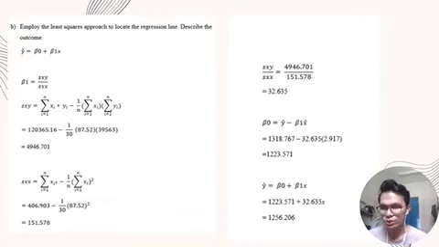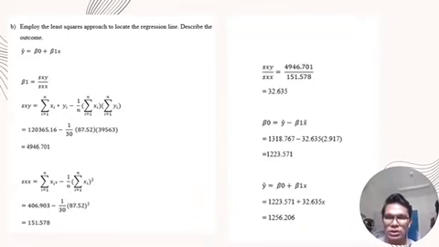Okay, the equation for the line of best fit is y hat equal to intercept of y plus slope of the line multiplied by x. So the slope of the line is equal to SSY divided by SSX. The equation for SSY is total xy minus 1 divided by n, multiplied by total x and multiplied by total y.